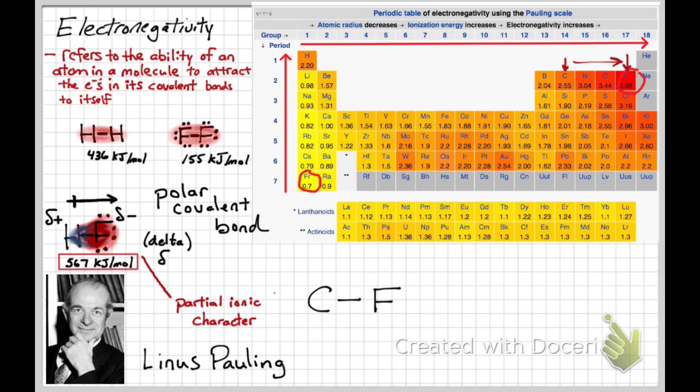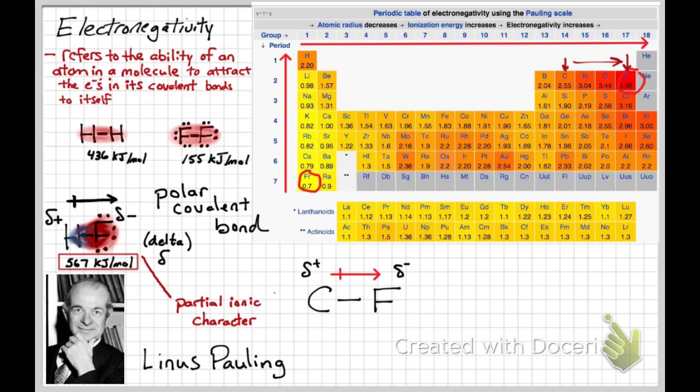And so since fluorine is further right, we know it's more electronegative, and therefore has a stronger ability to attract the electrons in that 2-electron bond to itself. So we expect, based on the higher electronegativity of fluorine, that the carbon-fluorine bond will have a dipole moment towards the fluorine, with a partial negative charge on the fluorine and a partial positive charge on the carbon.